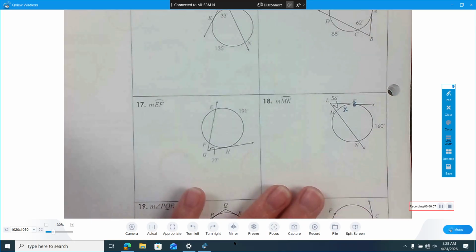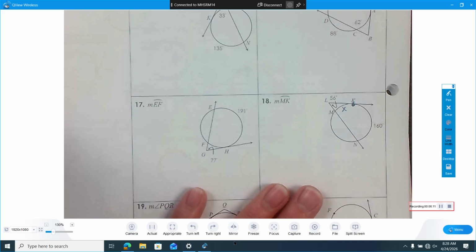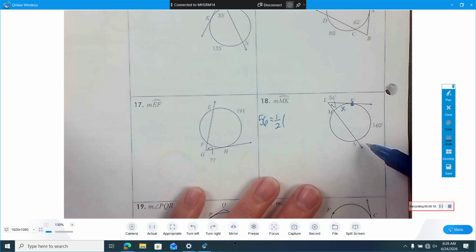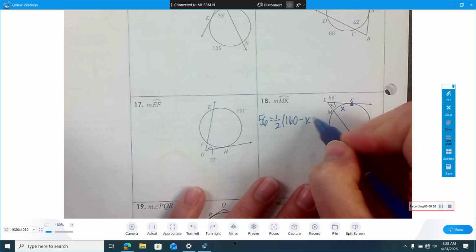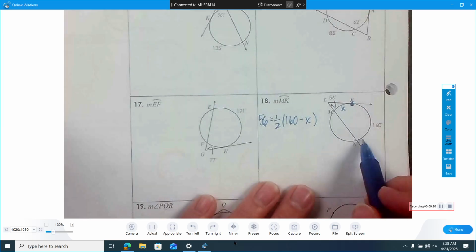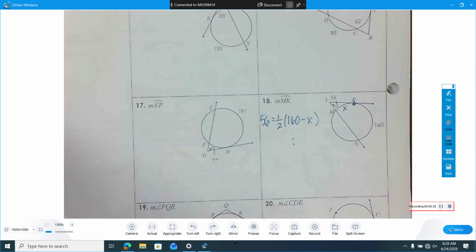We're going to call it X. How are we going to set this one up? 160 minus X. Yep. Again, far arc minus the near arc. Good to go? Do we need to solve that together, or you're good? You're good, okay, good.